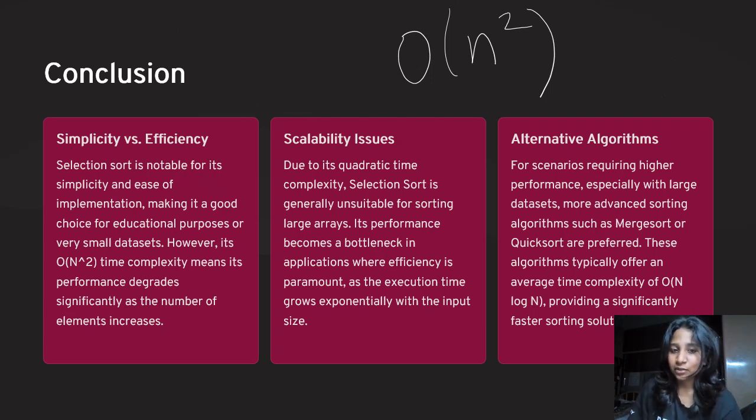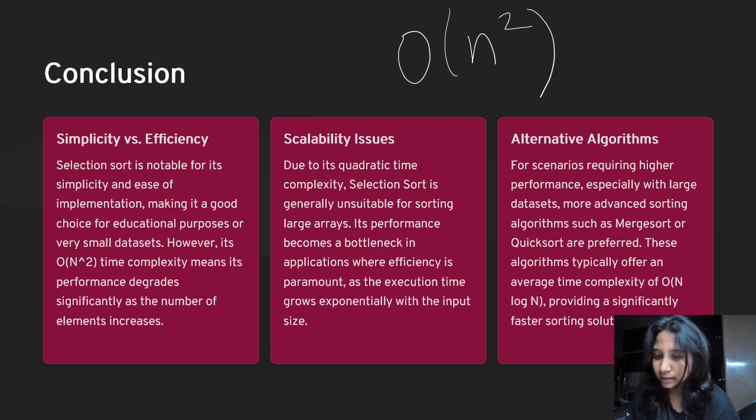So, scalability issue: as said, it works better on smaller data sets than larger data sets. And for alternative algorithms, selection sort can be used for smaller data sets, but what if I have a larger data set? We can use techniques like quick sort and merge sort.